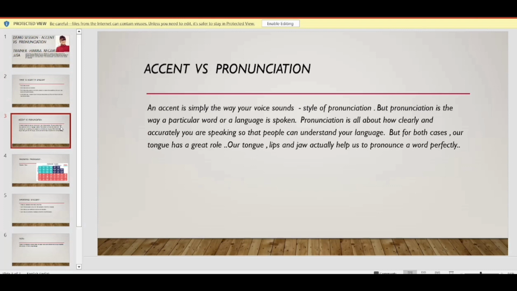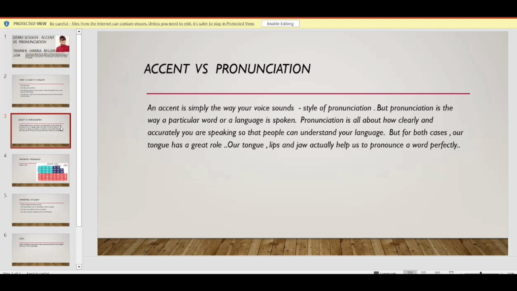Accent versus pronunciation. An accent is simply the way your voice sounds, which is called style of pronunciation. That means while we are trying to pronounce any word, if we put our style in different ways, it's all about style of pronunciation. For example, if you go abroad, for example you are in America or in England or the United Kingdom, sometimes you may have trouble understanding their English because of accent.